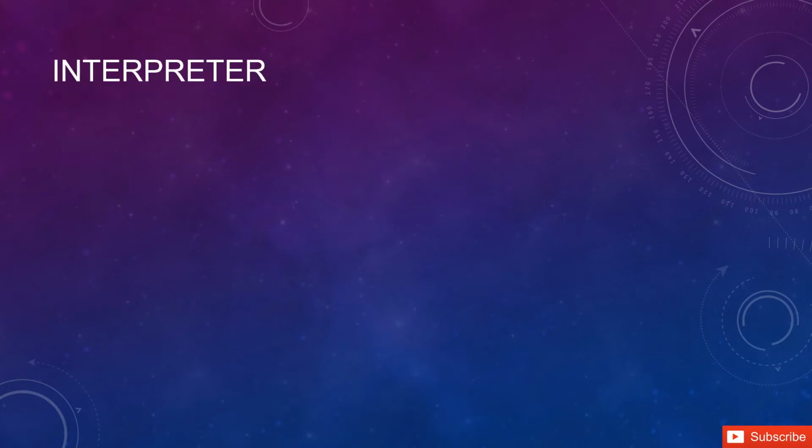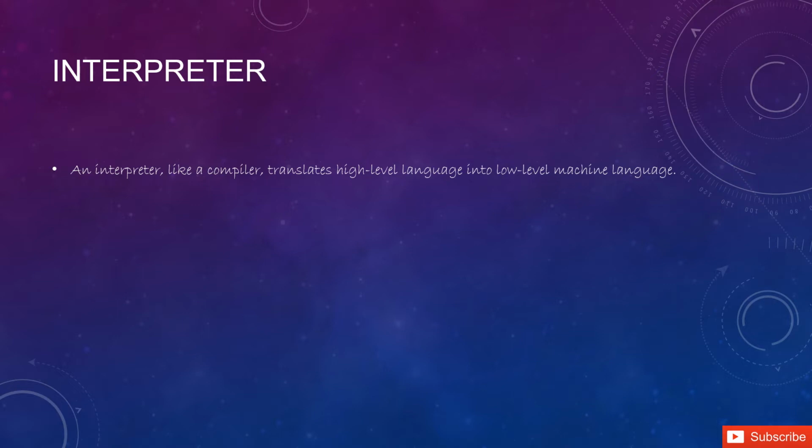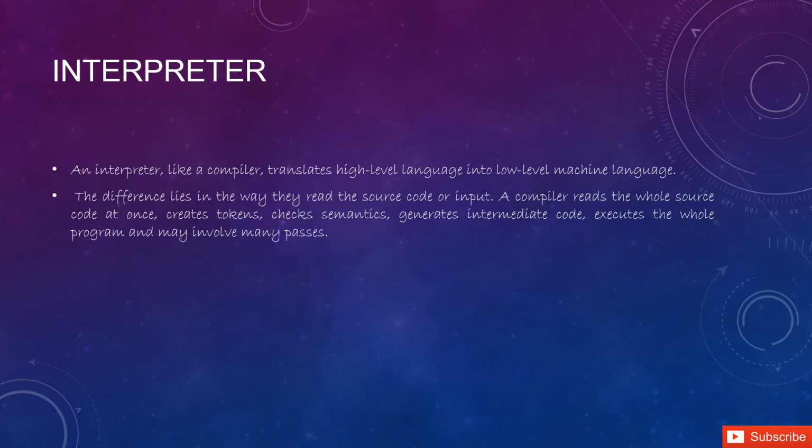So next is the interpreter. What is an interpreter? An interpreter, like a compiler, translates high level language into low level machine language. Its difference lies in the way they read the source code or input.